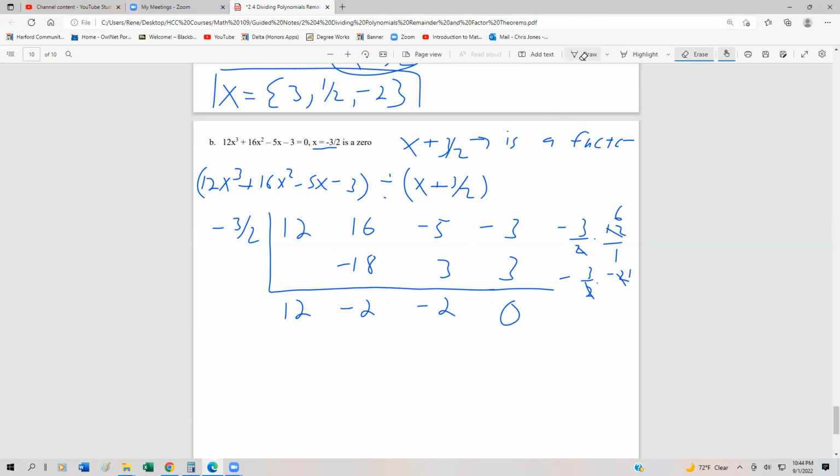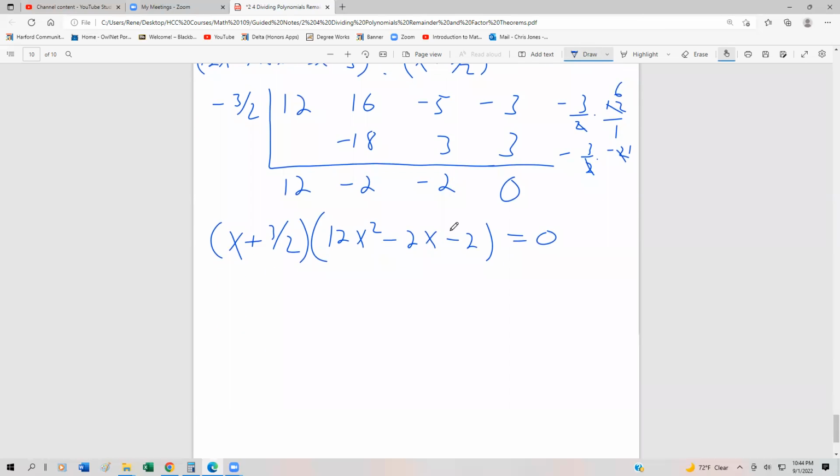So now what happens is we can rewrite this as x plus 3/2, and then we have 12x squared minus 2x minus 2 equals 0. Now, the last thing we're going to do is factor this if we can.